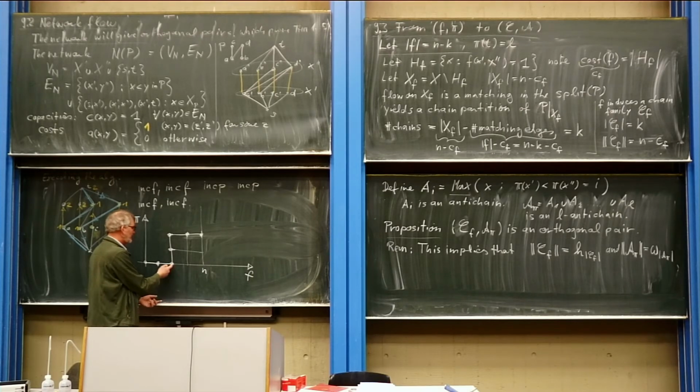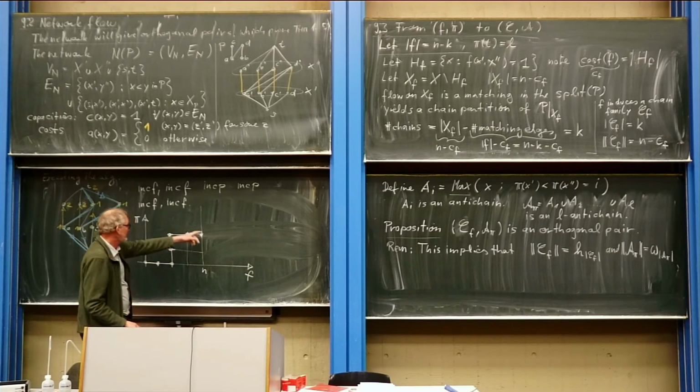And then we keep the chain family. So we keep the C plus, which is a chain partition. So again, we have the same saturated chain partition for two consecutive values of L. And then we get all these things.